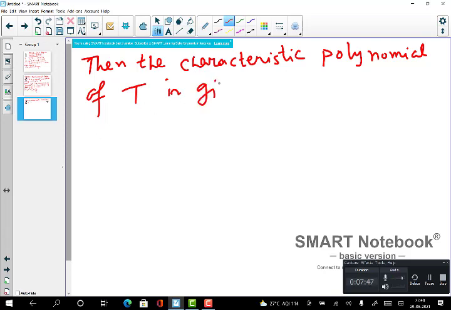Let me write it down: f(x) is the determinant of xI minus the matrix D. And because we showed that it doesn't depend on the basis, if we change the basis, the polynomial will be the same. So what is the determinant?